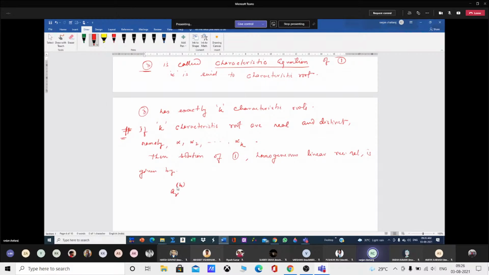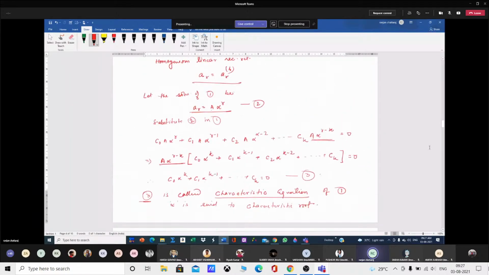Actually this h represents homogeneous, nothing else. When you are solving the problem, you simply write a_r. Now here we have to introduce constants also. Suppose this is A1 alpha 1^r, because our solution is taken to be alpha to the power r. So we are getting different values of alpha.